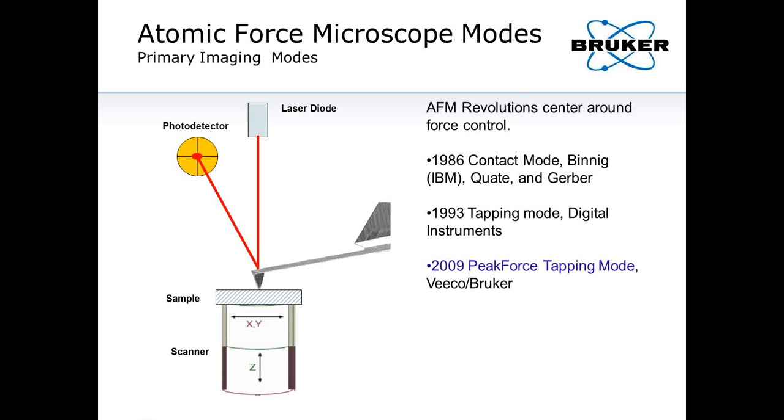So the other thing which is not shown on this image is the trick for the tip to again precisely follow the sample: how to adjust the tip Z position, right?